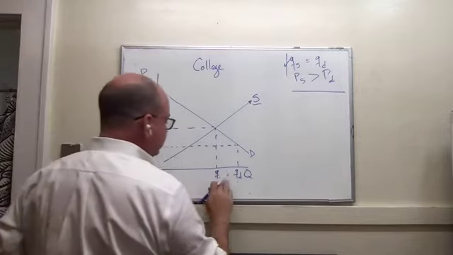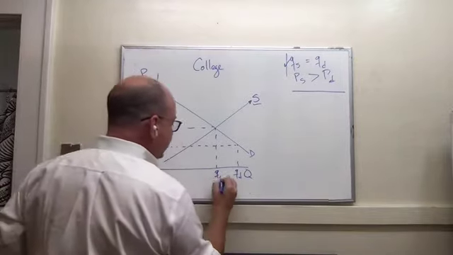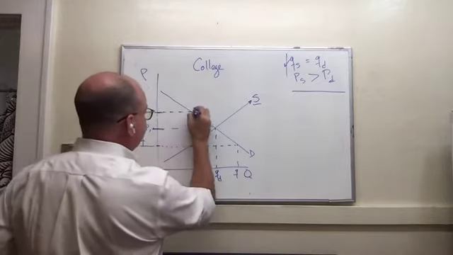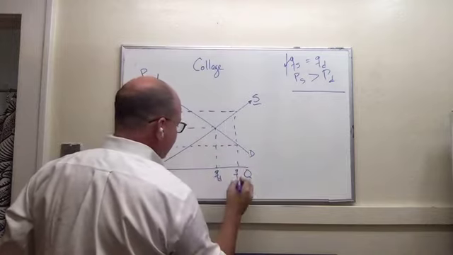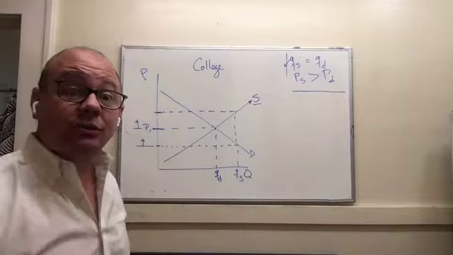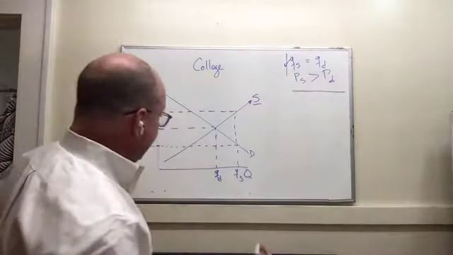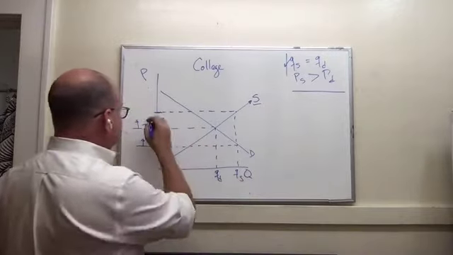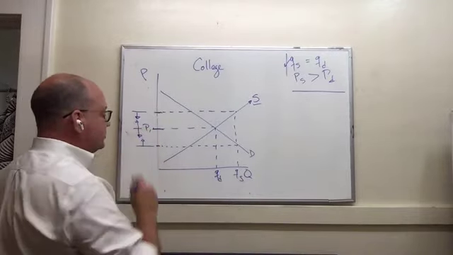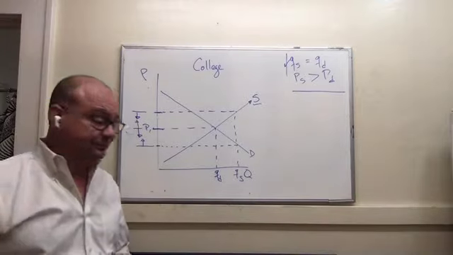And in that case, what's true? Well, now this is the quantity demanded, and this would be the quantity supplied. What do we have? We have unsold goods. We have empty seats. And what would happen? We would expect now that the benefit to suppliers would have to fall and the cost to consumers would have to fall.